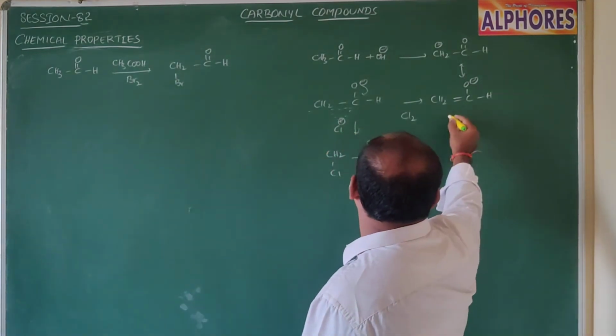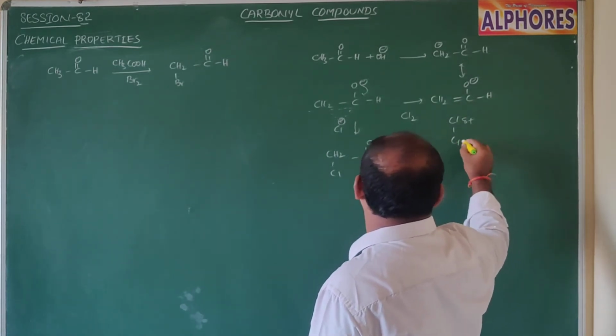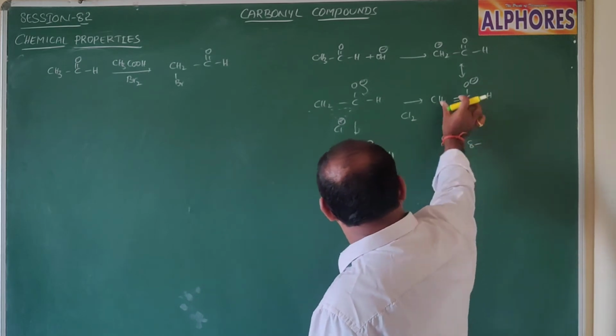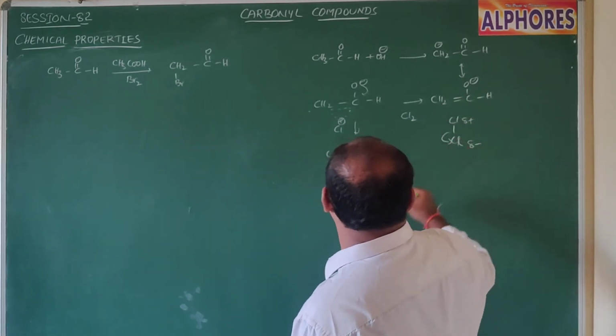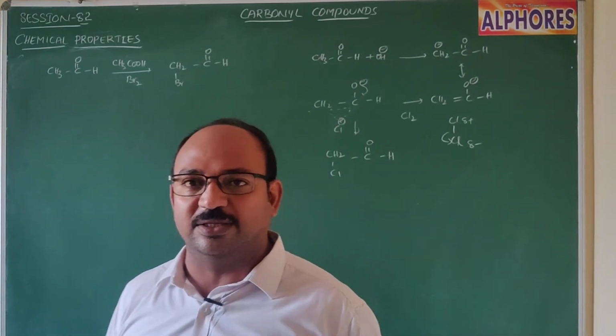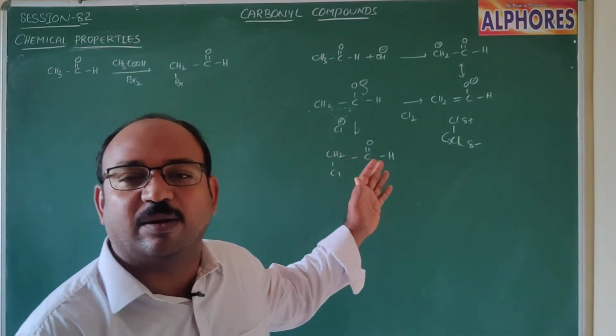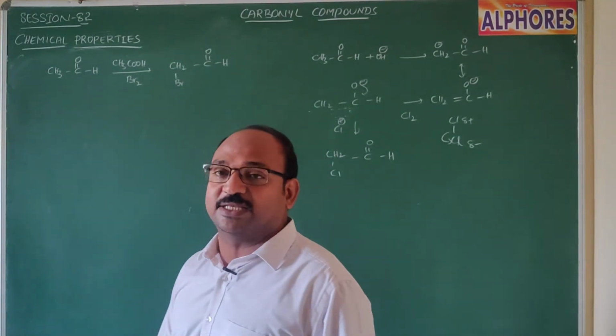When the Cl2 molecule approaches here, this Cl bears positive charge and this Cl bears negative charge. And when it approaches the double bond, this Cl sigma bond's electrons are completely shifted towards the next chlorine, and as a result one Cl minus comes out and the Cl plus attaches to the carbon-carbon double bond across that. Now, in case of acid, how does that reaction proceed?